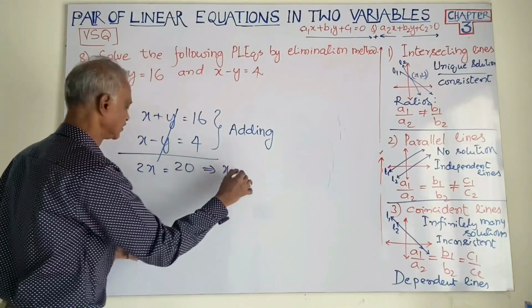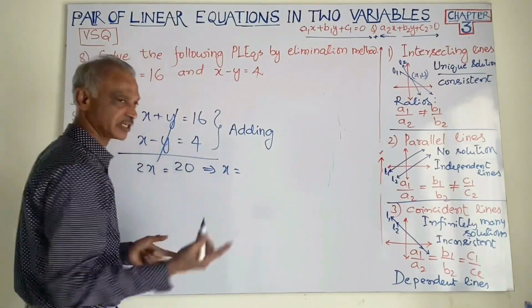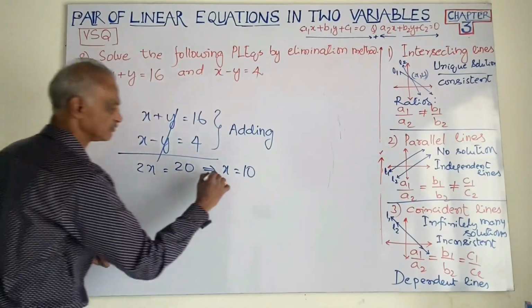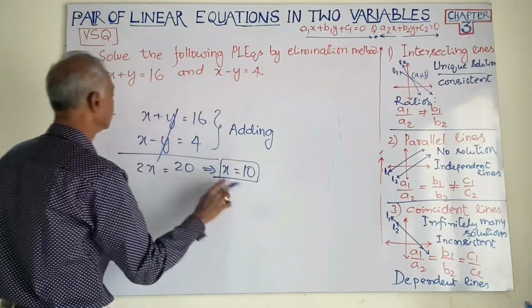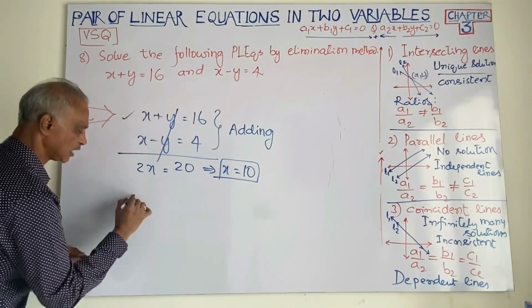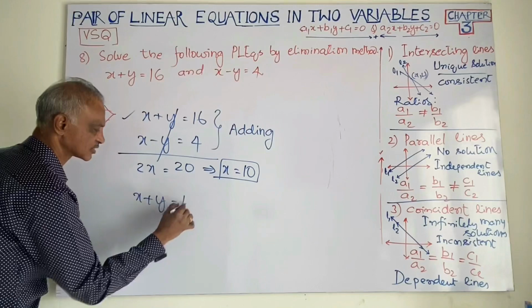Implies you will get the value of x, that is 20 by 2, which is 10. Next, substitute the value of x is equal to 10 in one of these two equations. I will take the equation x plus y is equal to 16.